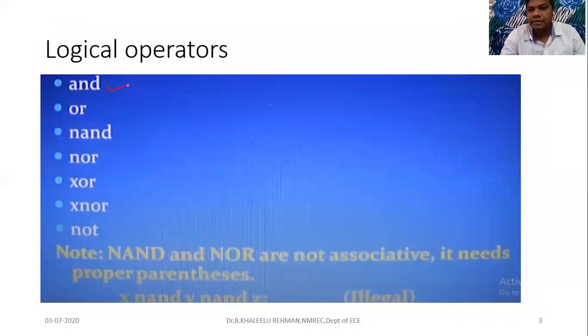Logical AND. For example, if I give this expression, this is my AND gate. This is my input A, this is another input B, and this is my output Y. So I can write the output Y like this.